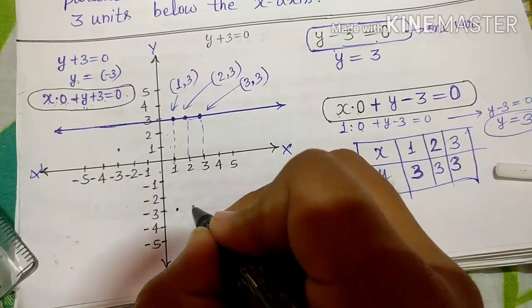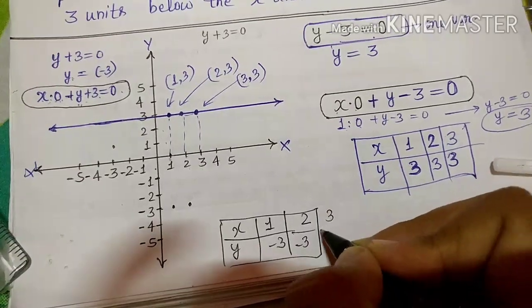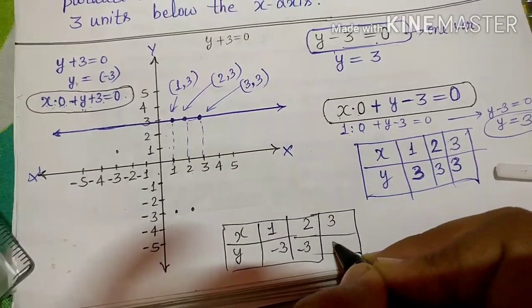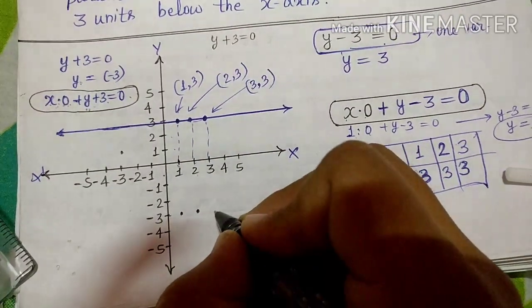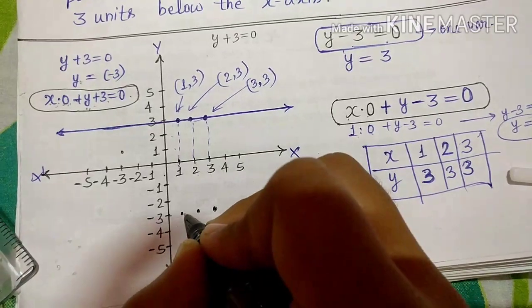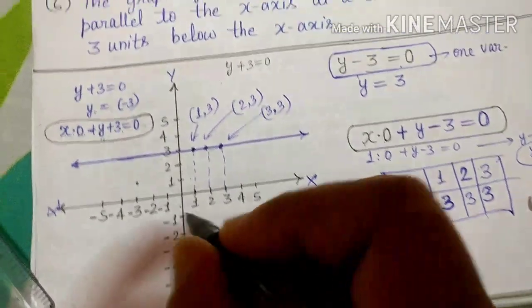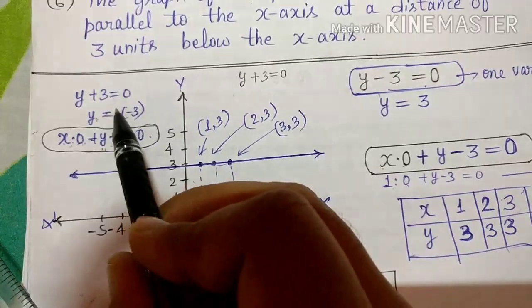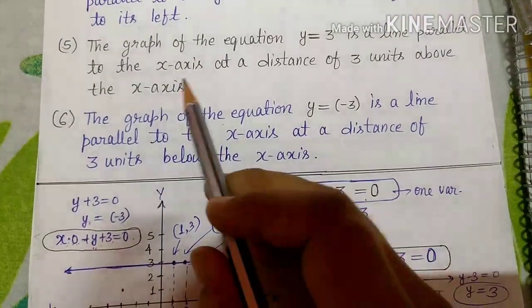Minus 3. Then the value of x is 2, and the value of y is minus 3 only. If we put 3 also here, the value of y will come minus 3 only. So again minus 3. So when the value of y is given as minus 3, this line shows the fifth point.